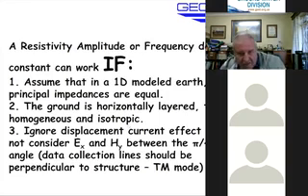All right? Now, the only time when things really fall off is that between the pi/4 phase angle, the data collection lines should be perpendicular to the structure. When they are parallel to the structure, you start getting really, really bad responses.